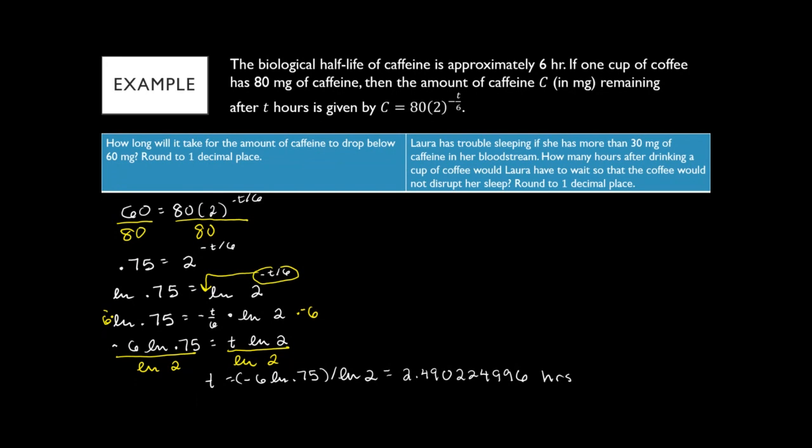It says to round to 1 decimal place. And so that 9 causes the 4 to round up. So it's about 2.5 hours. So that's how long it will take for the caffeine to drop below 60 milligrams.